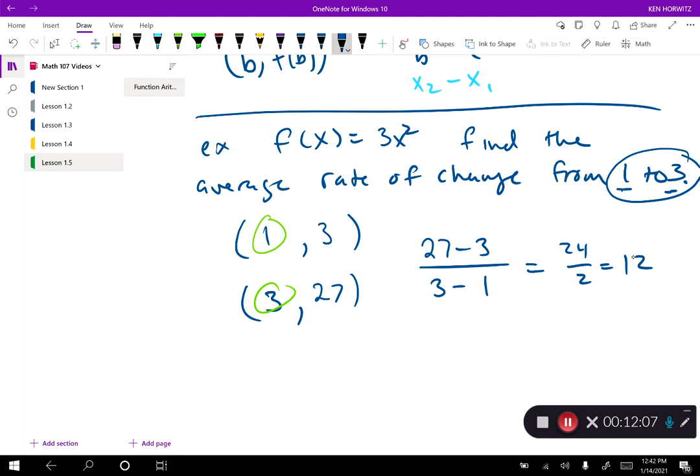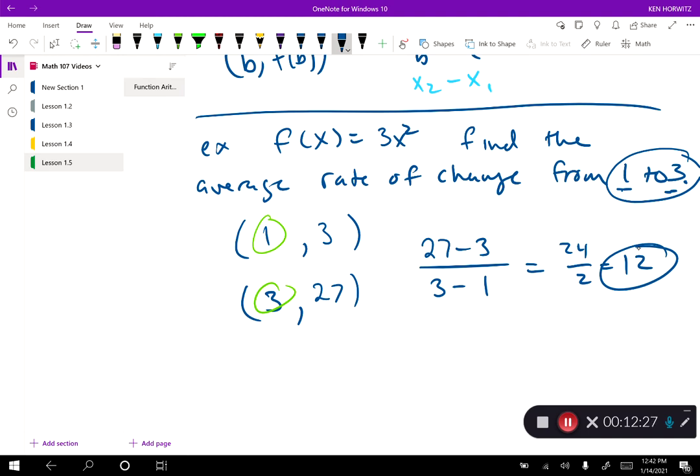So this is the average rate of change from 1 to 3. And I'd always like to see a small sentence saying exactly that, so I know that you know the context of the problem.